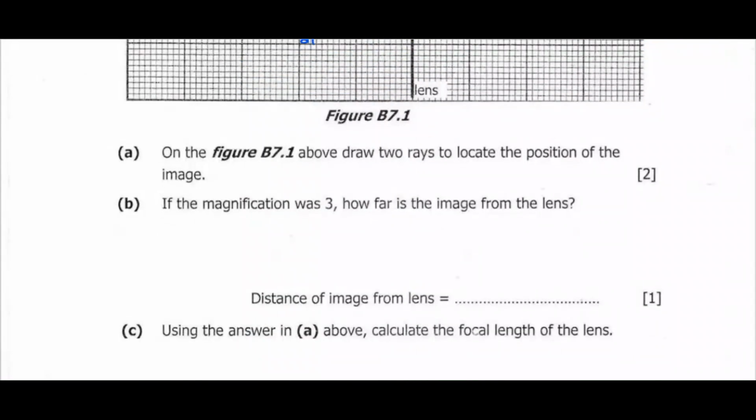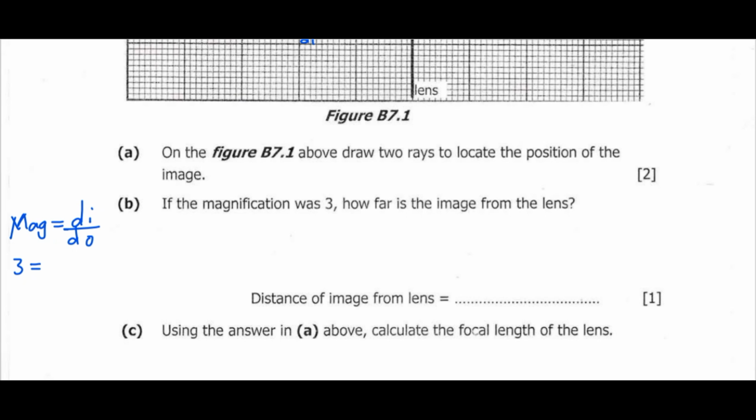Okay, so let's look at question B. If the magnification was 3, how far is the image from the lens? Okay, so magnification tells us how many times the distance or height of an object has been magnified. So we know that the formula for magnification is equal to distance of an image over distance of an object. So the magnification is 3.